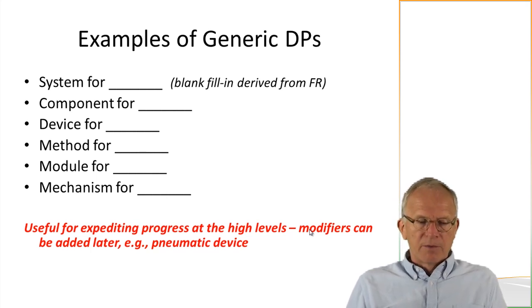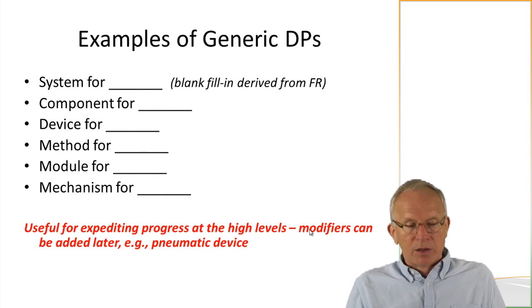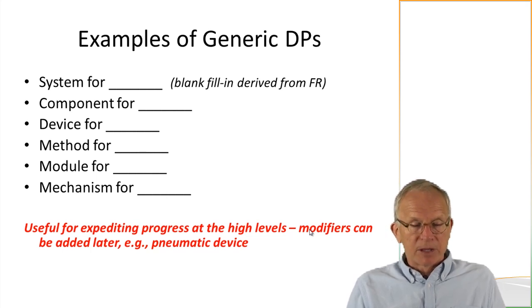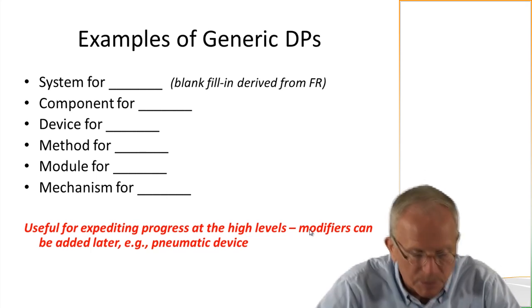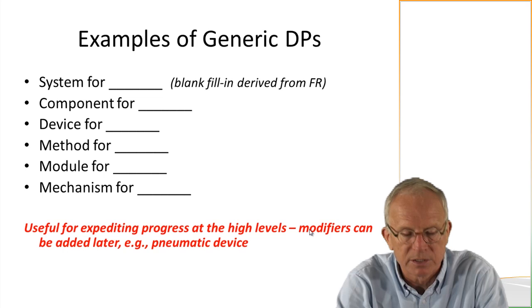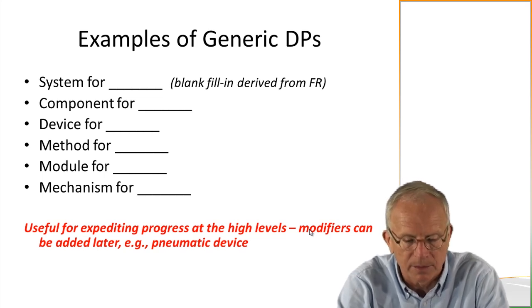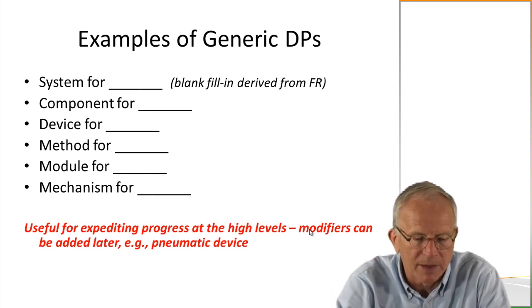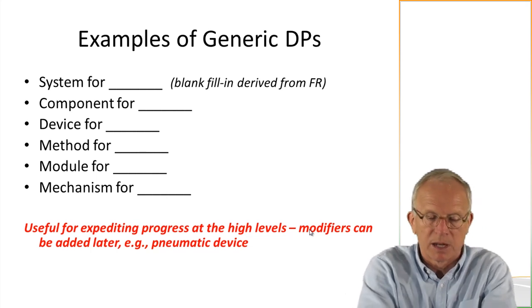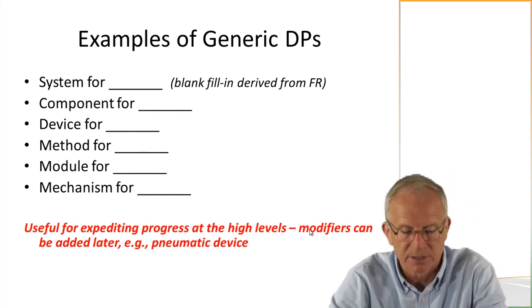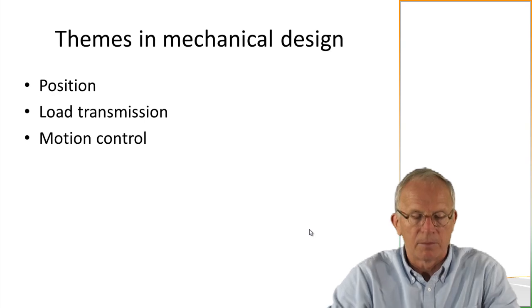But if the FR is to prevent somebody from slipping, and all you can do is come up with a system that prevents them slipping, then this could be an expensive sort of design, and it also doesn't seem to be adding anything. So at some level we have to stop just using general or generic DPs. But they can be useful for expediting progress at the higher levels, and then put in modifiers later.